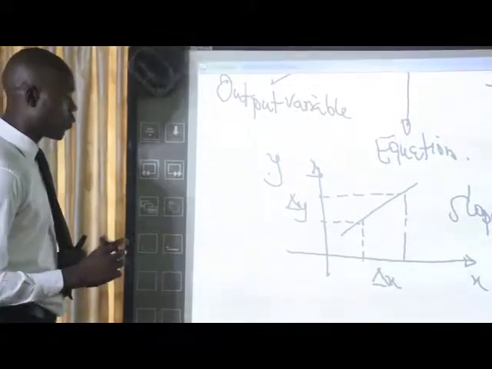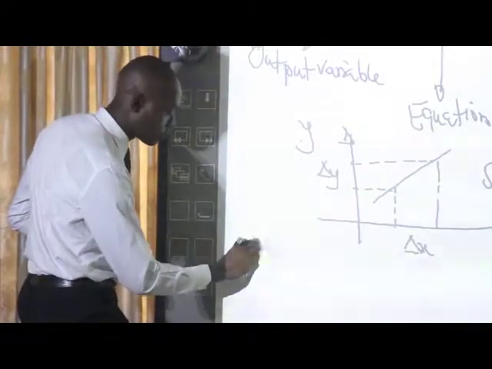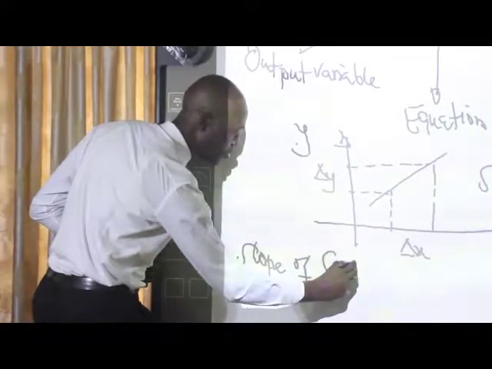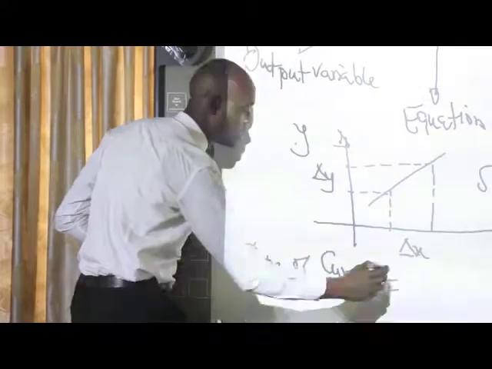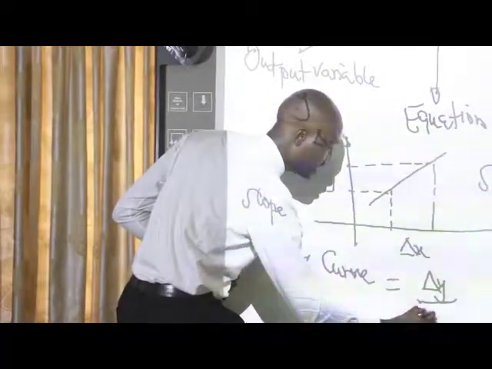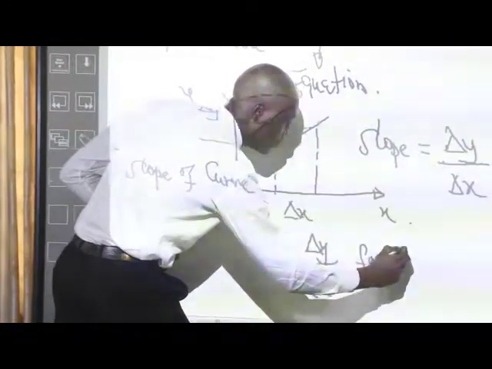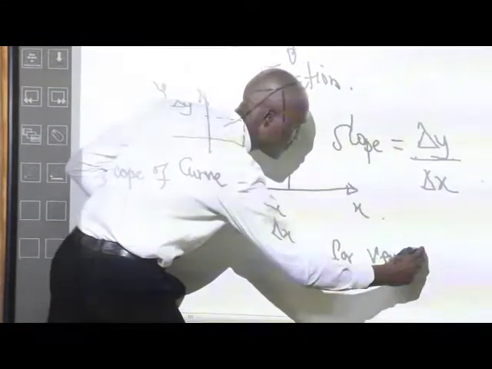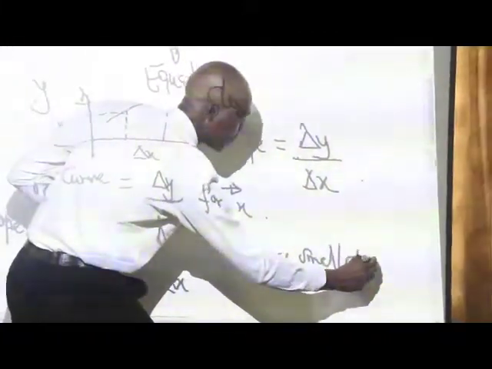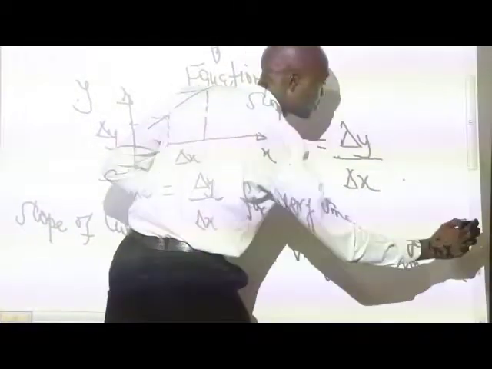That is, we are saying that for more advanced cases, the slope of a curve will simply be change in y over change in x for very small change in x.